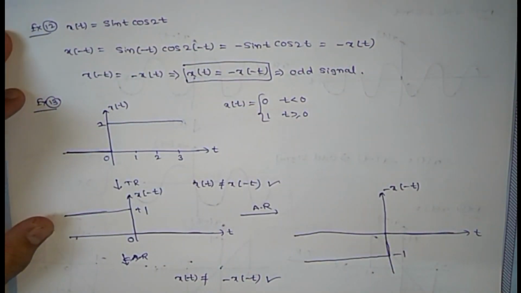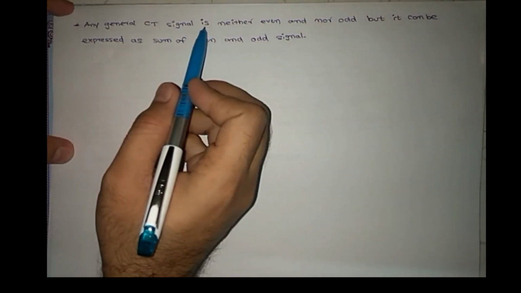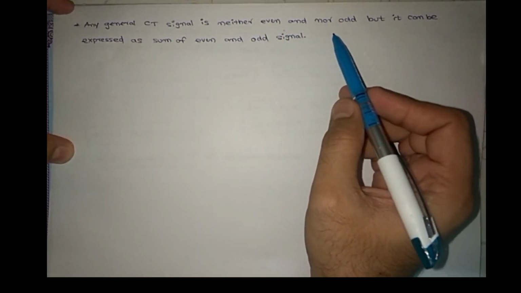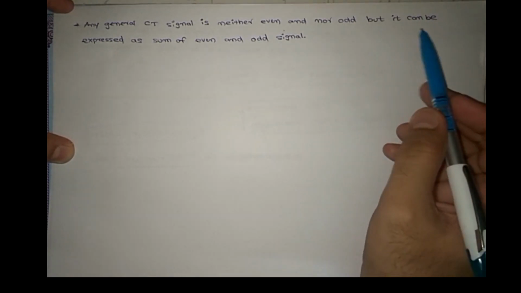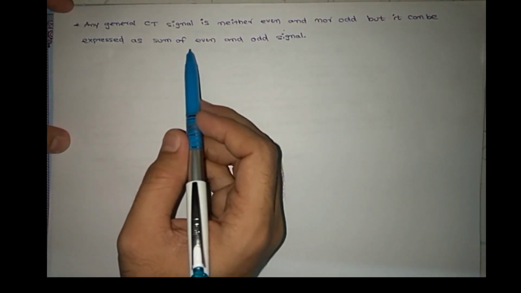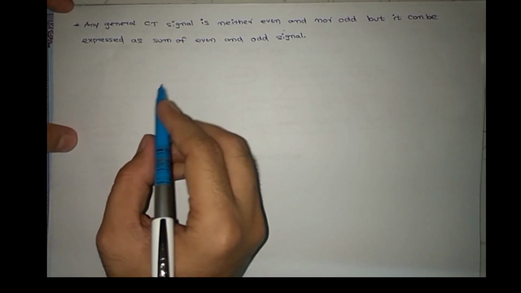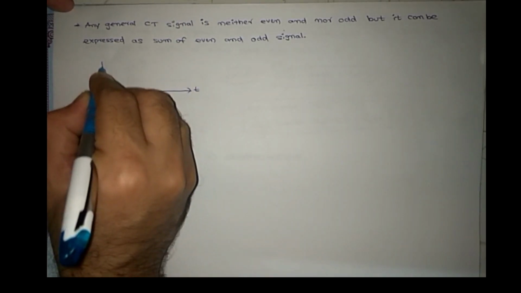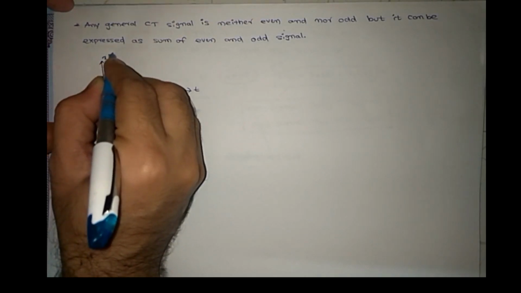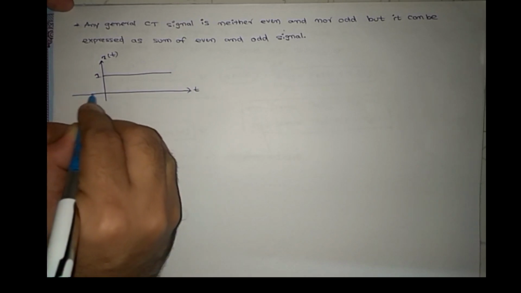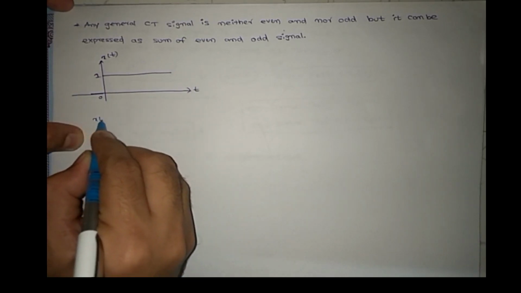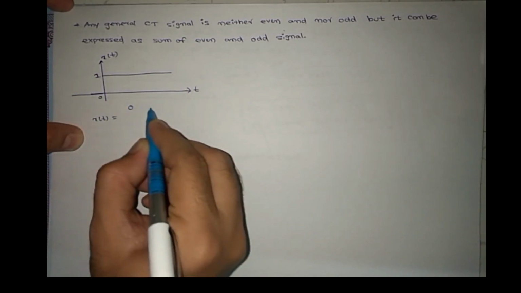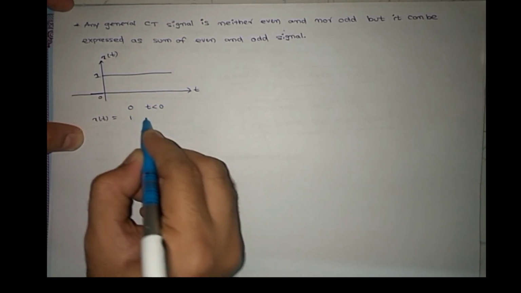Then what is the solution for it? Any general continuous time signal that is neither even nor odd can be expressed as the sum of an even and an odd signal. So last time we discussed this example: x of t is 0 for t less than 0 and 1 for t greater than or equal to 0.